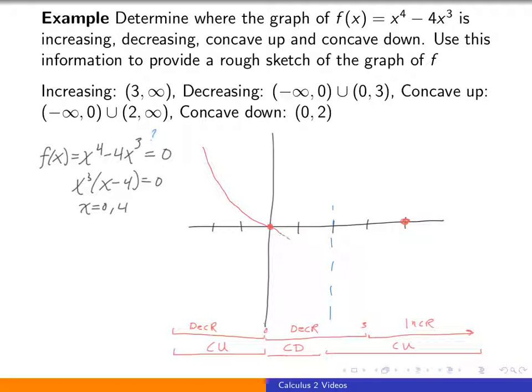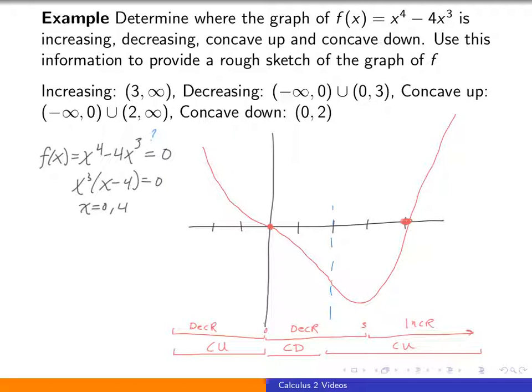And then at 2, I remain decreasing, but now I'm concave up. And then right at 3 is where I switch from decreasing to increasing. So I'm going to be increasing, concave up, and I hit that root we knew that we had at 4.